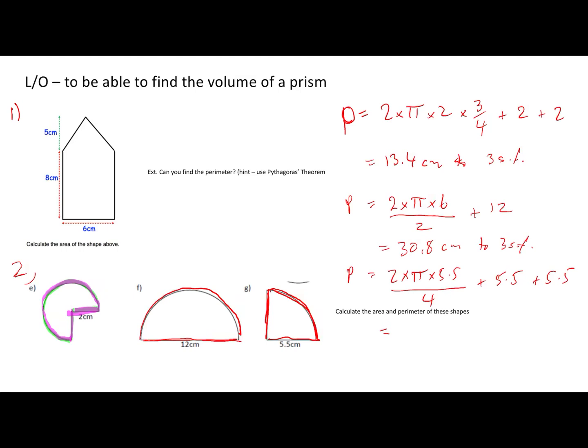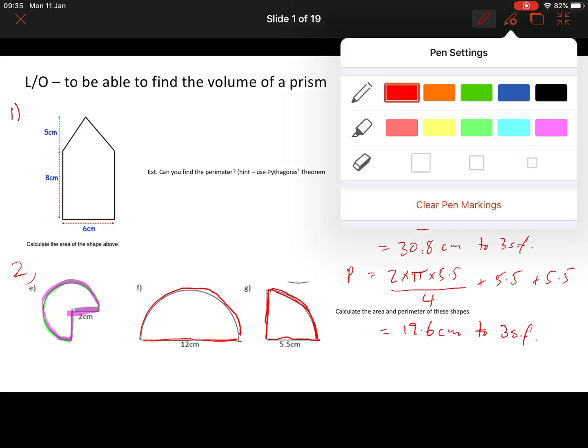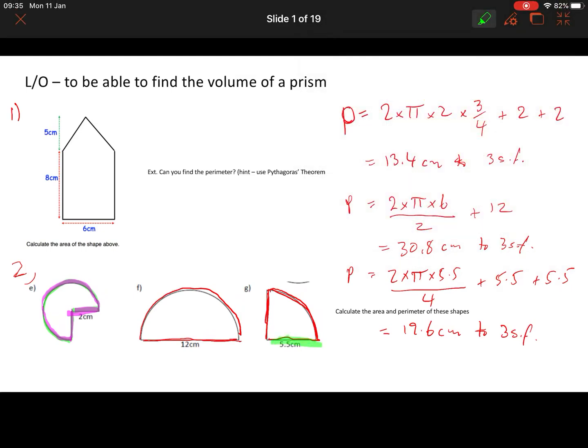So 2 times pi times 5.5 divided by 4 plus 2 lots of 5.5 equals 19.6 centimetres to 3 significant figures. Okay, so please don't forget these bits. Everybody forgets about them. Don't be the person that forgets. Okay? Right, I'm going to stop the video there.